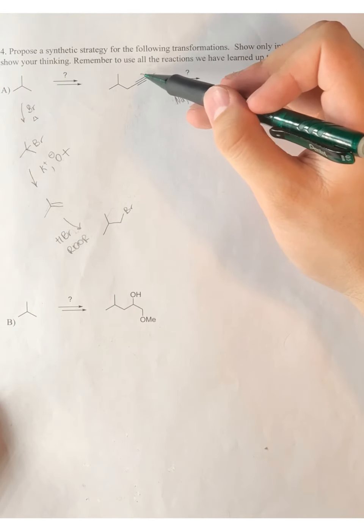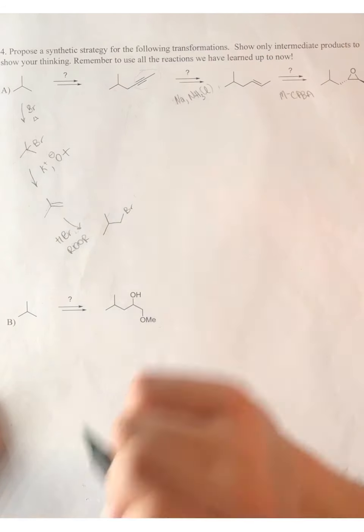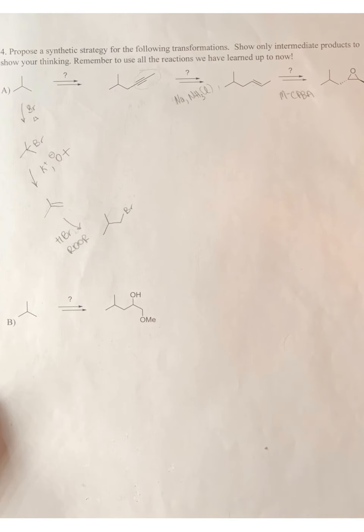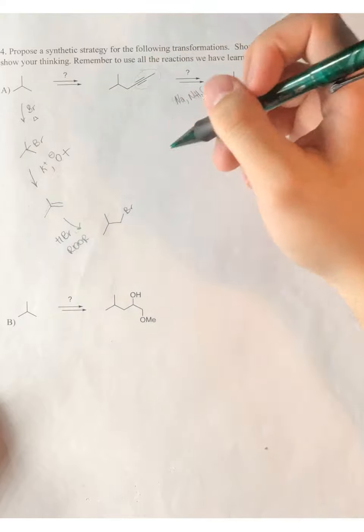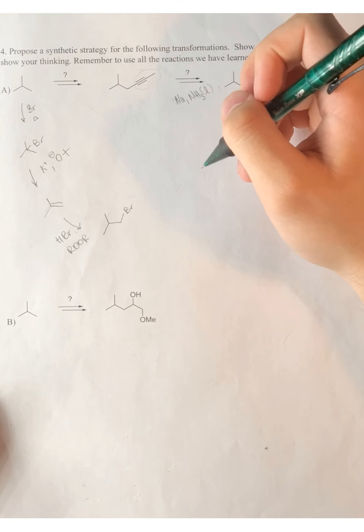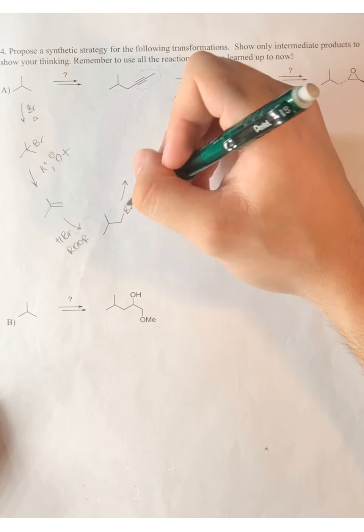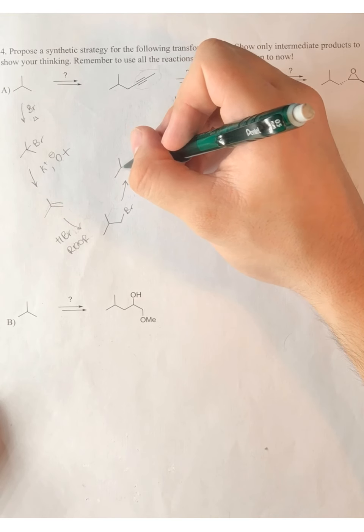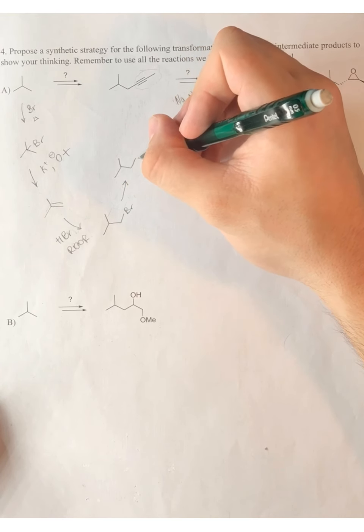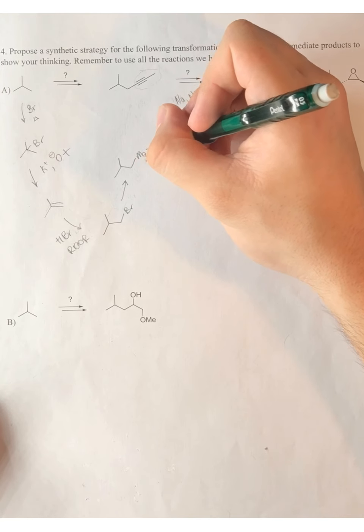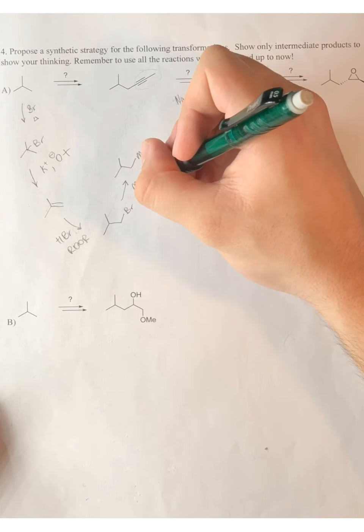Now, we're going to have to add this structure in order to get this product. So to do so, we want to think about Grignard reagents. So first we want to make this into a Grignard reagent by just adding magnesium.